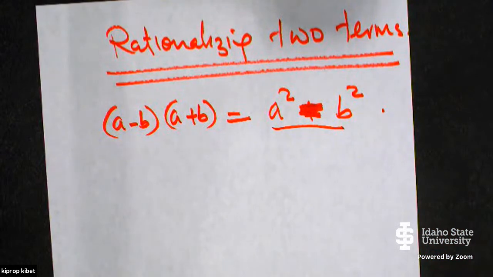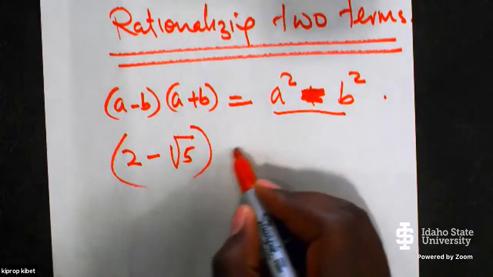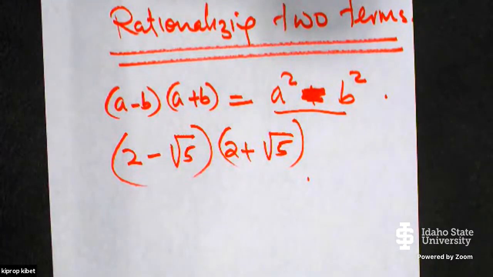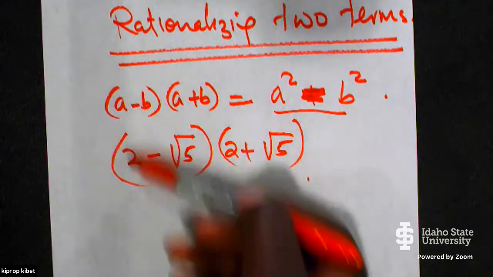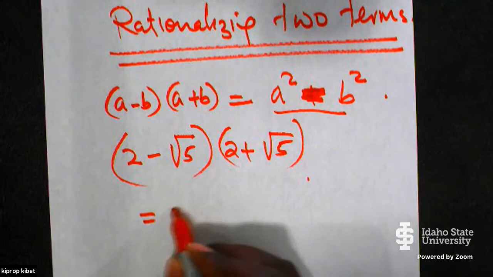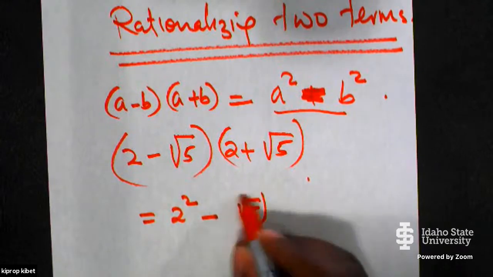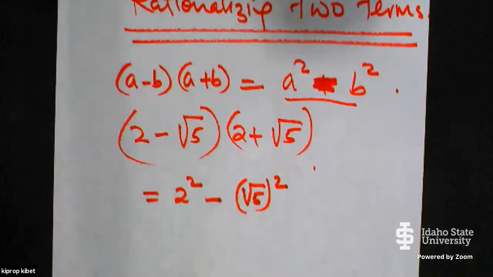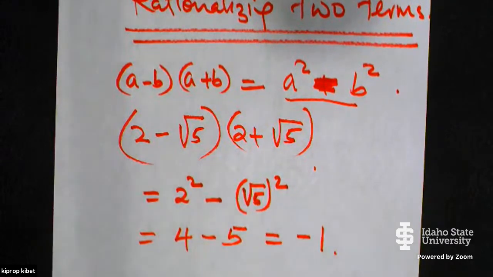If we are given 2 minus the root of 5 multiplied by 2 plus the root of 5, using this first one, this will be equal to 2 squared minus the root of 5 squared, which is 4 minus 5, which is equal to minus 1.